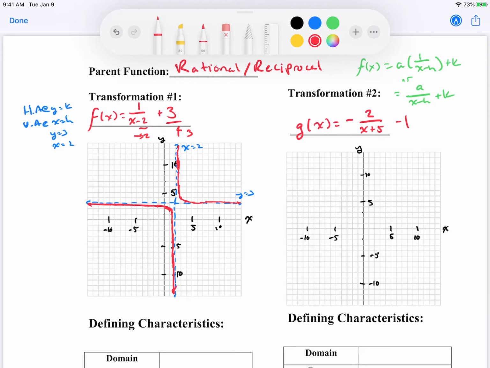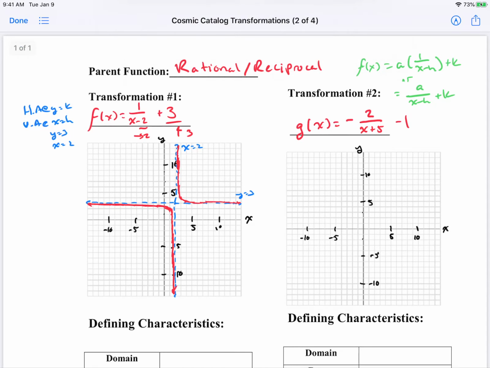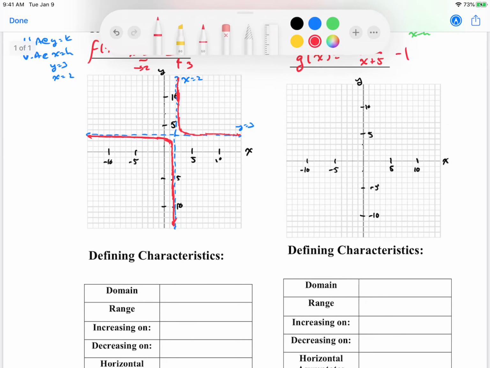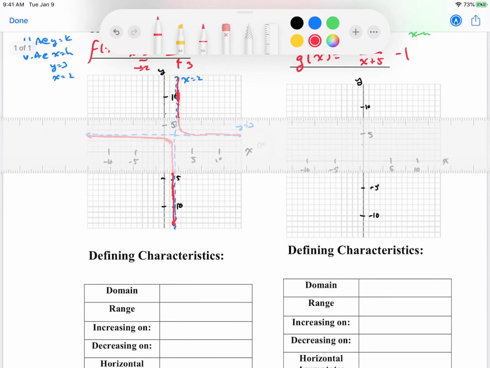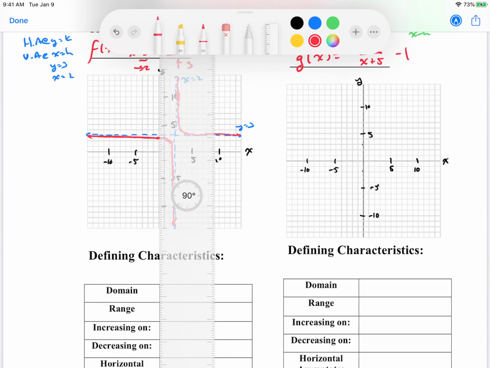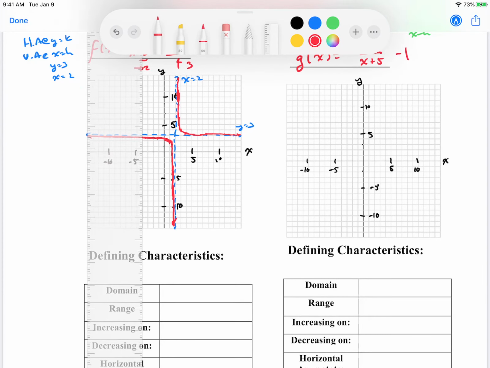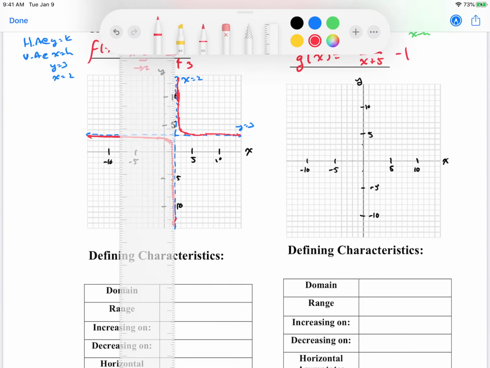Now, as far as the defining characteristics are concerned, this is where things start to get a little bit tricky. For our domain, as I'm moving from left to right, we can see that our graph is defined everywhere except for this point right here, which is at 2.